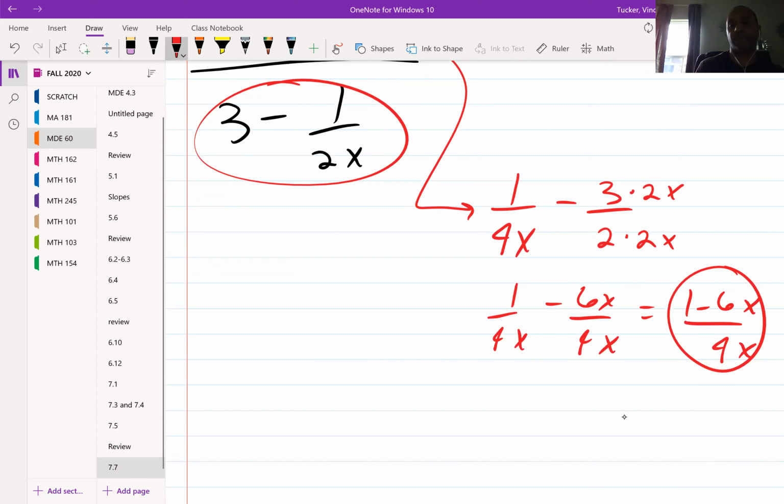So you multiply top and bottom here by 2x, because you have a 1 there, and you want to turn that into a 2x. So that'll be 6x over 2x minus 1 over 2x. That's 6x minus 1 over 2x. And that's the other fraction, or your denominator.